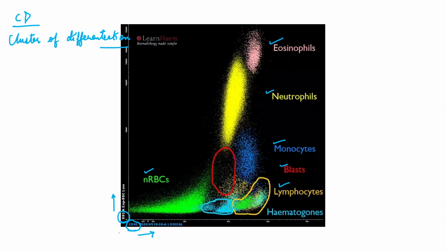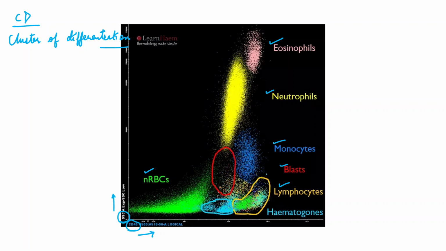If you have a sample with RBCs, neutrophils, eosinophils and these kinds of cells, no matter how many times you do the experiment, you will get this particular kind of graph only. You are not going to get a completely different graph every time.